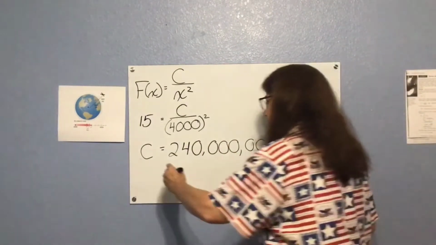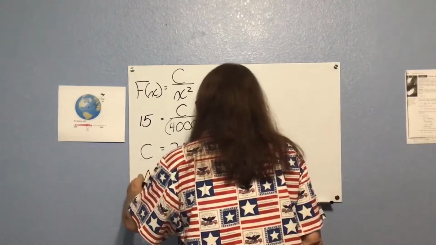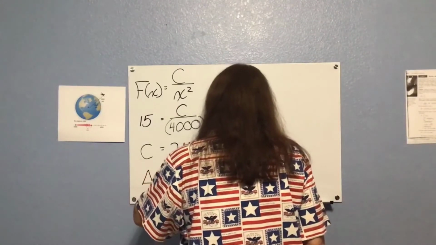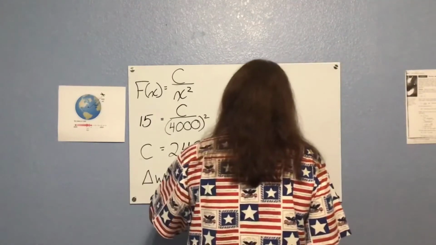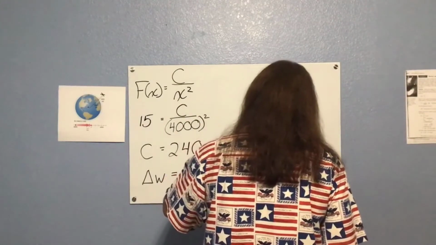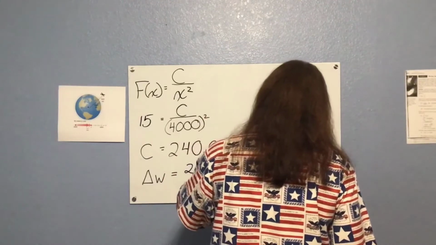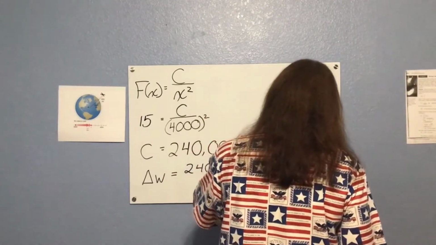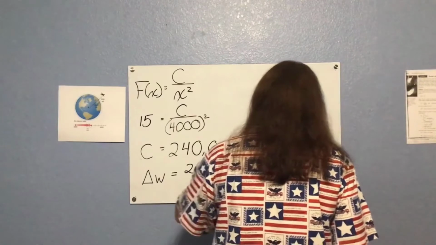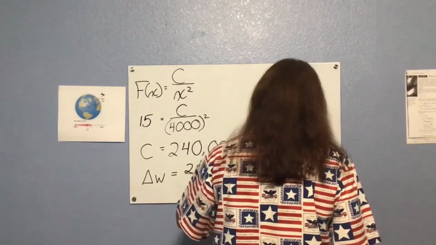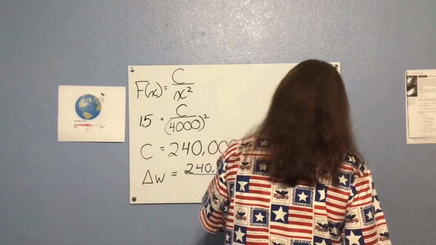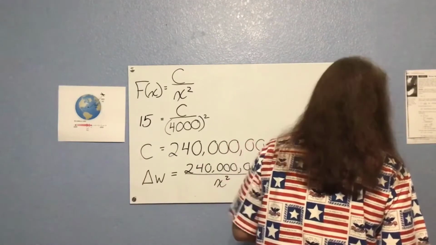Okay, our delta W, our increment of work, is now equal to that 240 million divided by x squared dx.